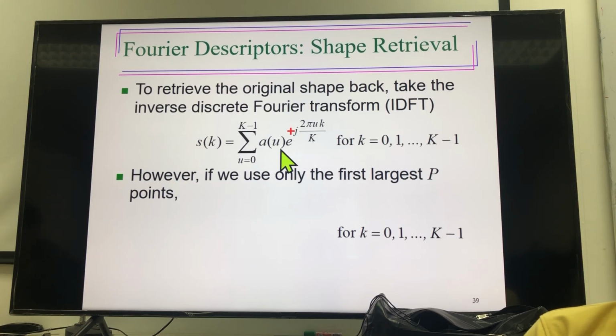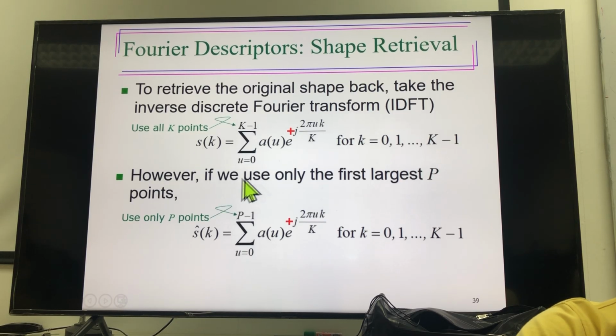However, when we construct the values with the first P points, instead of using all the K points, instead of summing from 0 to K minus 1, we sum for just P points. If you sum for P points, which is smaller than K, you end up with only P. What happened to s_k hat? What do you guess?